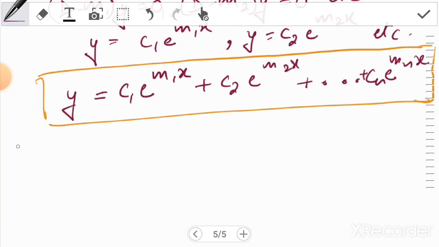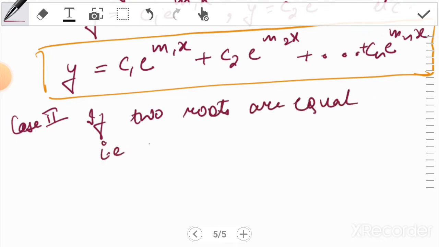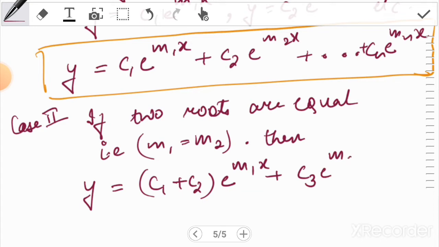Next, case 2. If the two roots are equal, that is m1 is equal to m2, then the solution becomes (c1 plus c2) e raised to the power m1x plus c3 e raised to the power m3x and so on.